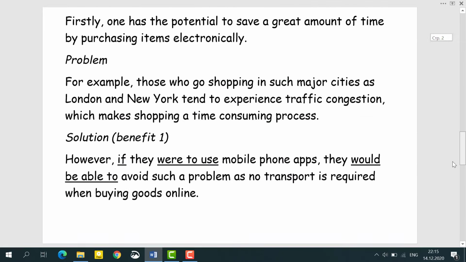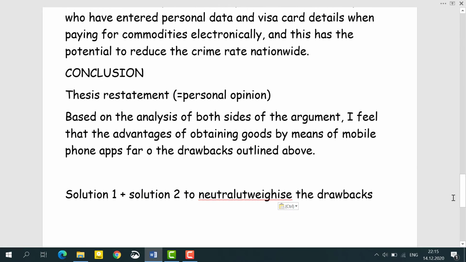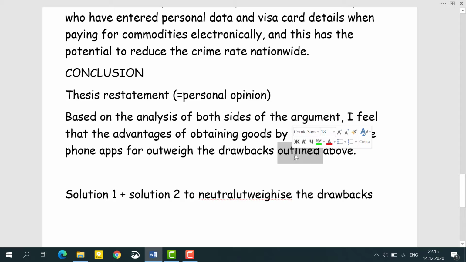And therefore, in the last paragraph, in our conclusion paragraph, I wrote, I feel that the advantages of obtaining goods by means of mobile phone apps far outweigh the drawbacks outlined above. Okay, outlined means basically described above. Again, I'm referring back to the previous paragraph.